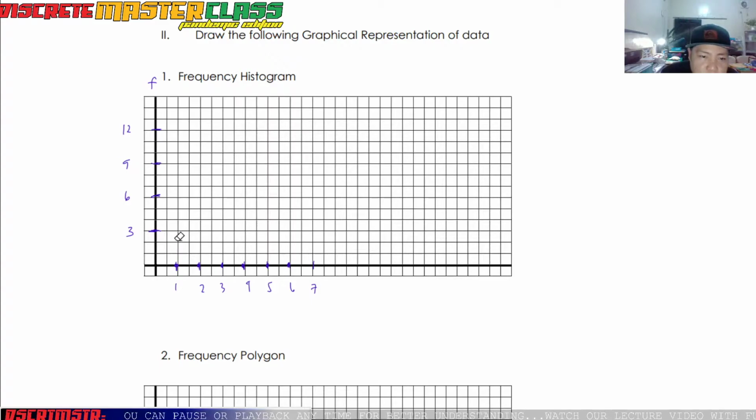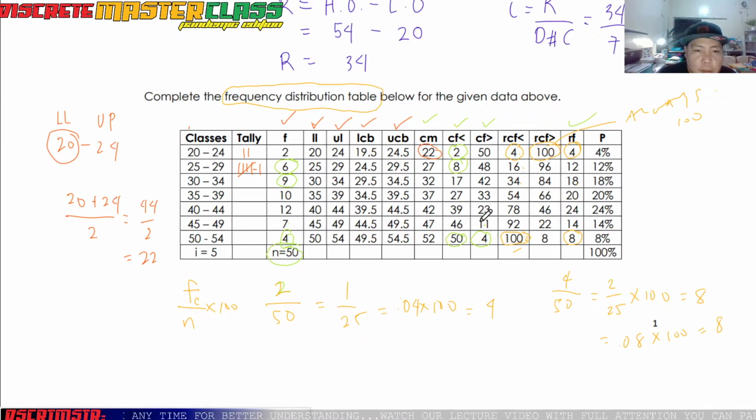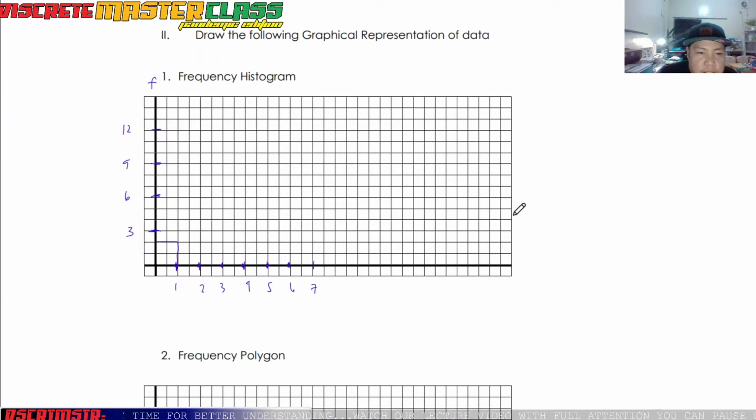Erase. Draw. Ito yan. Dito yan. Ito yung first class. Ngayon, yung second class mo, 6. So, from this, gagawa ka ng line, nako-connect doon, tapos 6 sa 2. Hindi diretso, pakidiretso na lang.